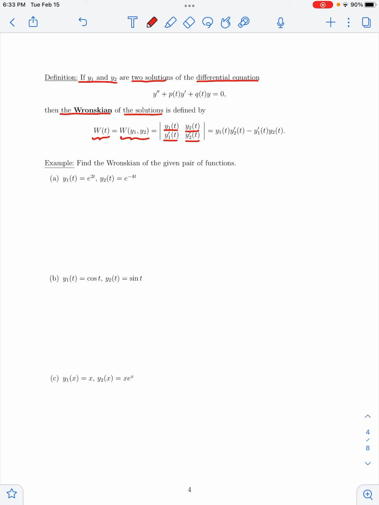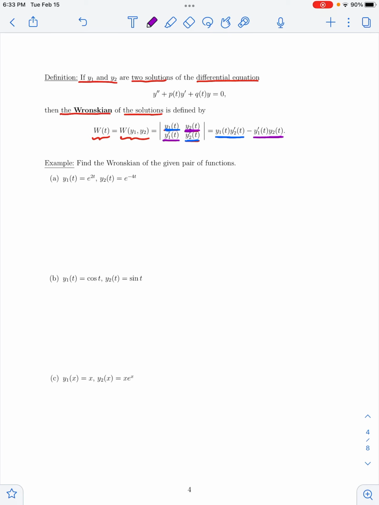And then, of course, to find the determinant of a 2 by 2 matrix, we take the product of our diagonal entries, y1 times y2 prime, and we subtract the product of our off-diagonal entries, y2 times y1 prime. So this determinant, which depends on y1 and y2, which are functions of t, is what we define as the Wronskian of those two solutions.